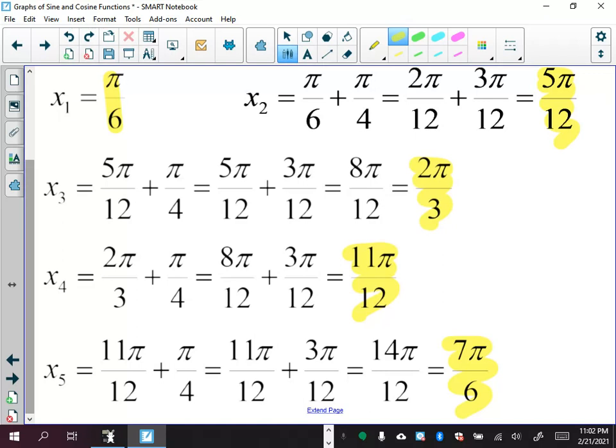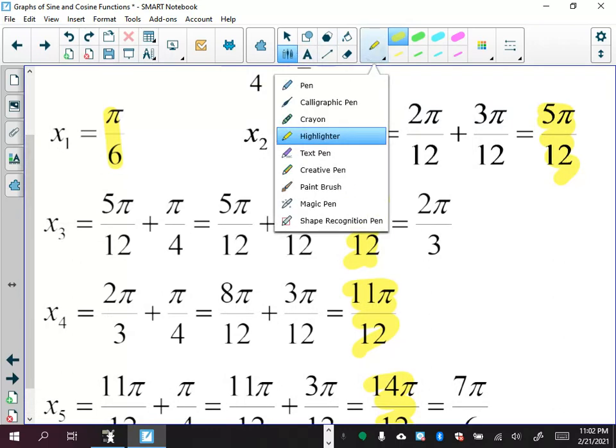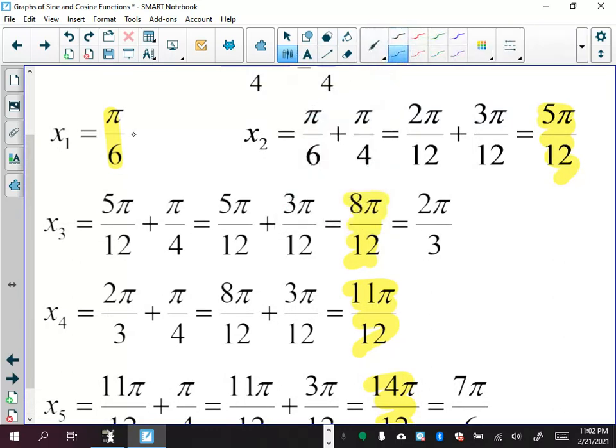Now, here's my recommendation. When you're putting this together, and if you ever have to graph these manually, don't reduce. Keep everything in terms of the same denominator. So in this case, this pi over 6 right here actually isn't pi over 6. It's actually 2 pi over 12.